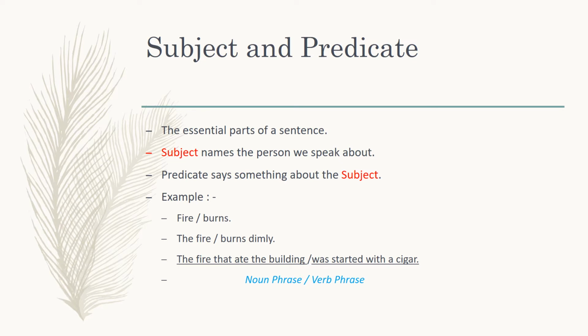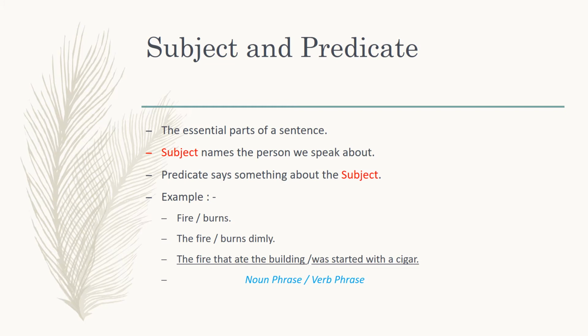Now, in certain sentences we can find that the subject doesn't stick to one word or two words. It sometimes can be a group of words, and when we have a group of words addressing the subject, that is called the noun phrase. What did I say? Noun phrase.